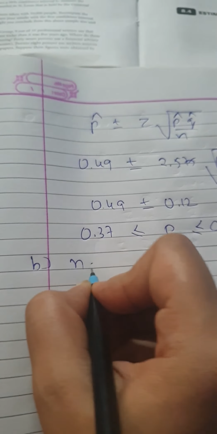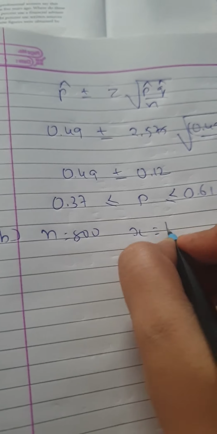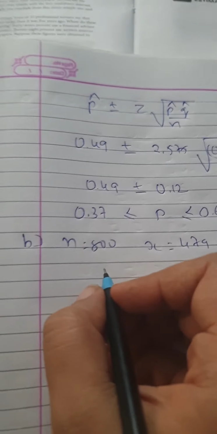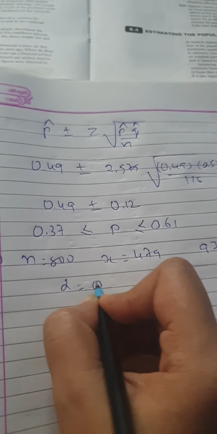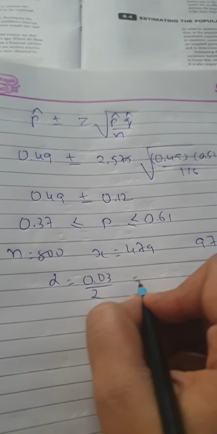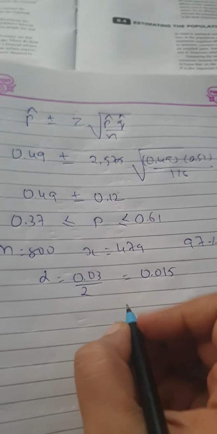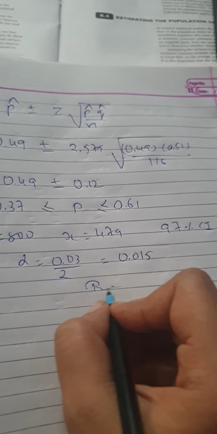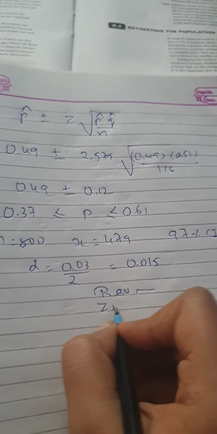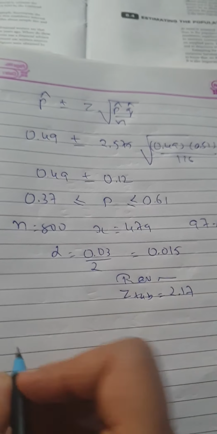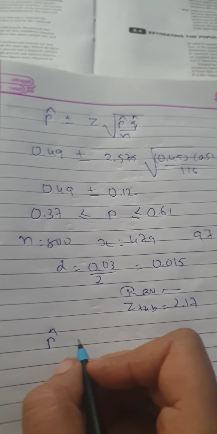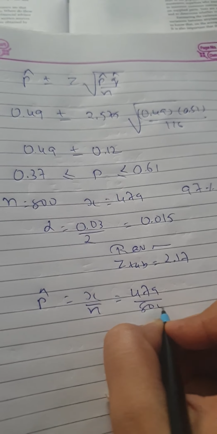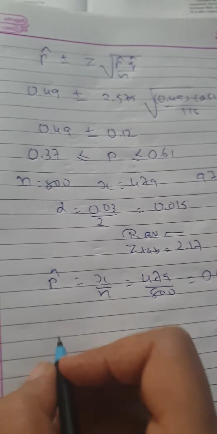Then second, n equals 800, x equals 479, 97% is your confidence interval. So your alpha will be 0.03. It will be divided by 2, so 0.015. Then you will deduct it from 0.5 and check the reverse value. So your Z tabular value will be 2.17. P cap is x upon n, 479 upon 800, so it is 0.60.